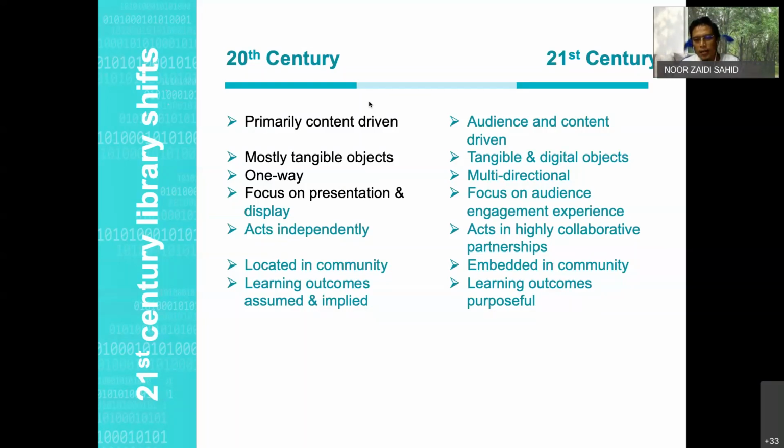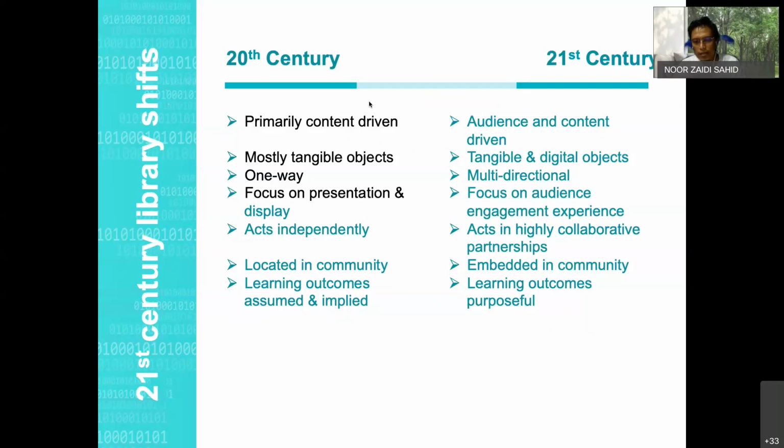And acts in highly collaborative partnership. Few or many stakeholders involved in this process, from the information provider, the publisher, the author, user, system supplier, technology supplier dan sebagainya. They have a collaborative partnership.